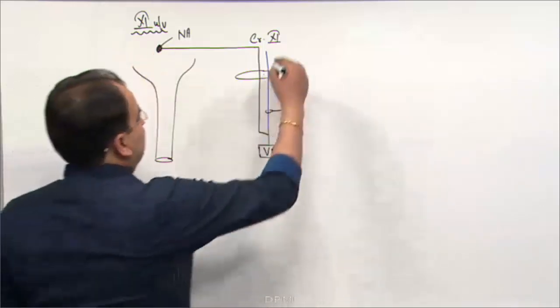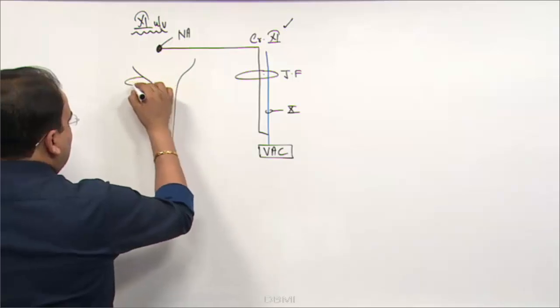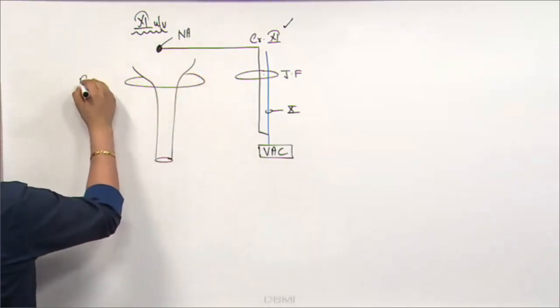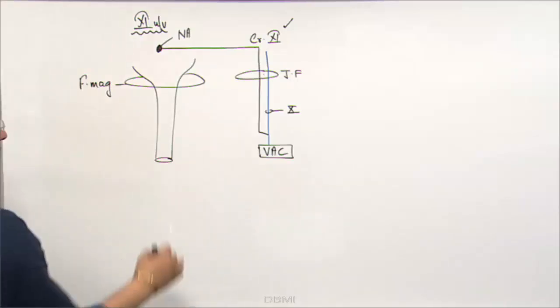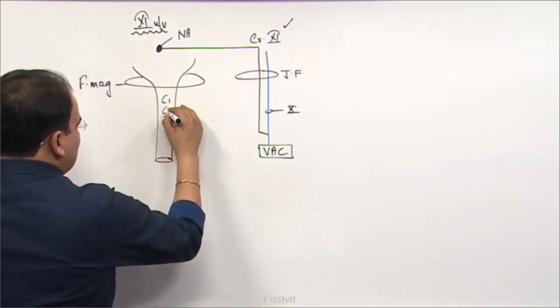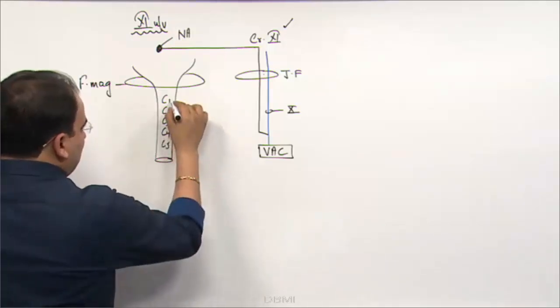This is cranial accessory. What is spinal accessory? Now let's say this is foramen magnum here. Spinal accessory nerve begins from the root value C1, C2, C3, C4 and C5.